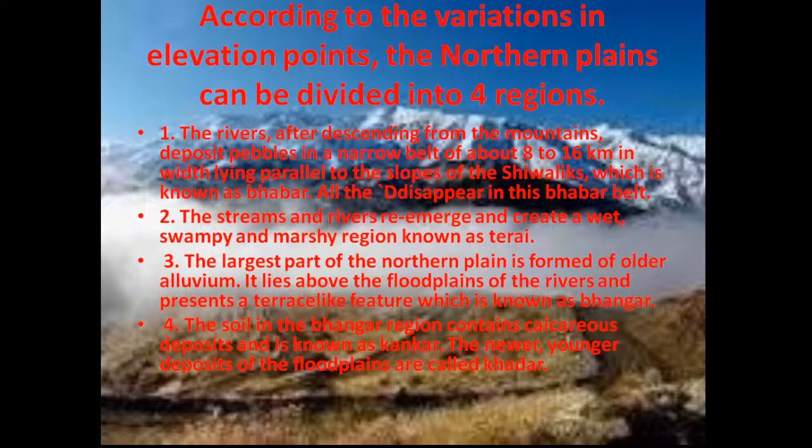Third word is Tarai. Now what is this Tarai? Tarai is the wet and marshy area having a thick forest and a variety of wildlife. Fourth term is Bhabhar.